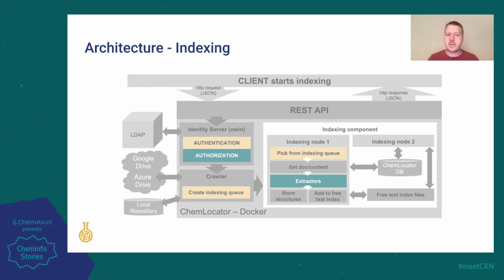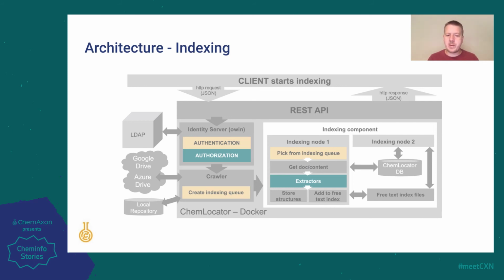Then the indexing is started by the client, and the first step is authentication and authorization. We can connect to LDAP, Active Directory, any kind of LDAP system, and once the call is authenticated and authorized, the client, if they have access, can start the indexing.